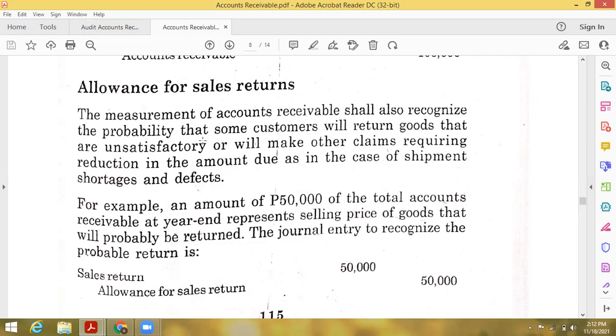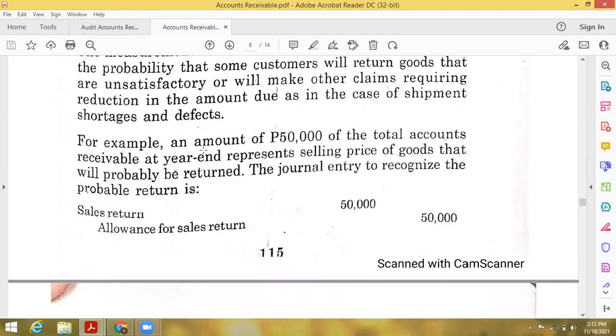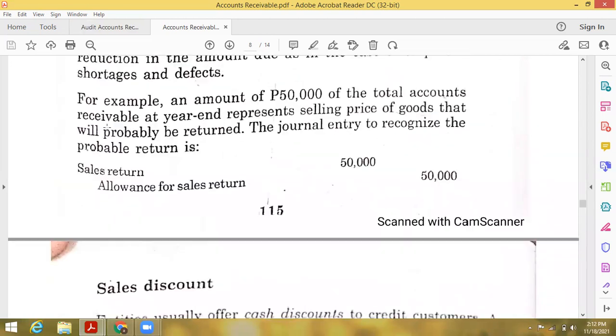So, pag ganon, magkakaroon tayo ng sales return. So, yung sales return, then allowances for sales return. Yun yung ating entry, 50,000. So, yung allowances for sales return na to is deduction siya sa accounts receivable natin.